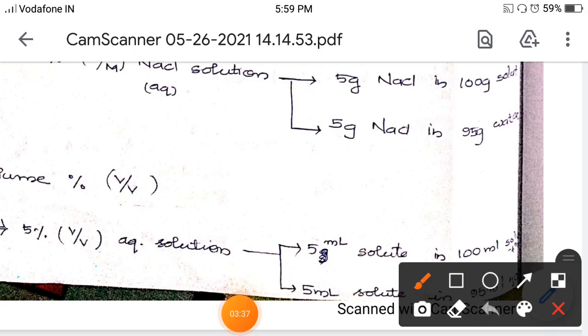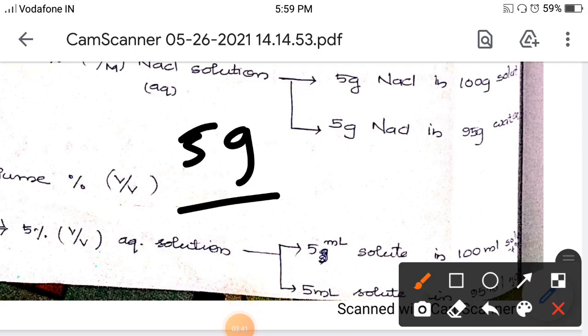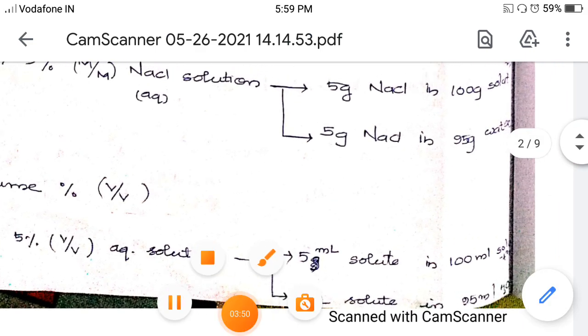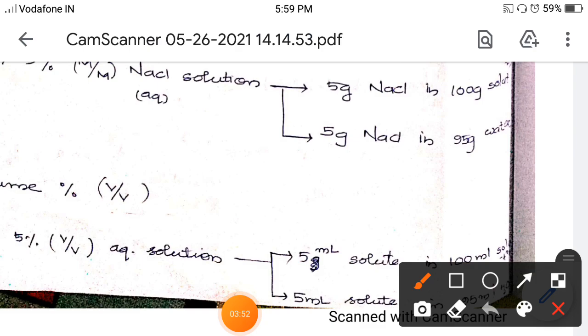We can express this in terms of solvent also. That is, 5 gram NaCl in how many grams of solvent? 95 gram water. The solution consists of NaCl plus the solvent, that is water.